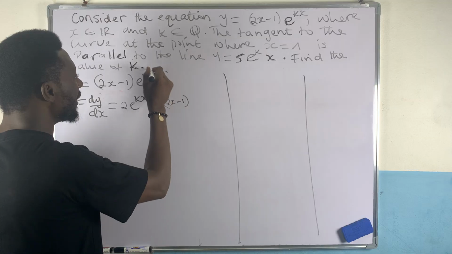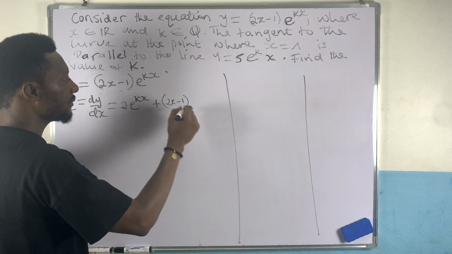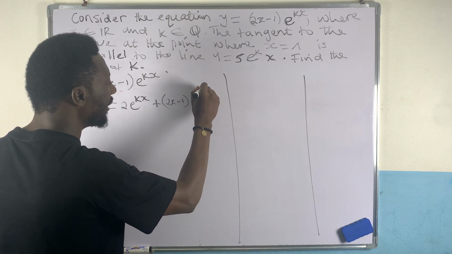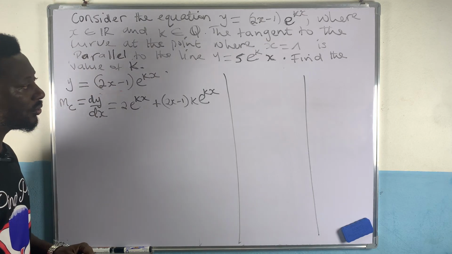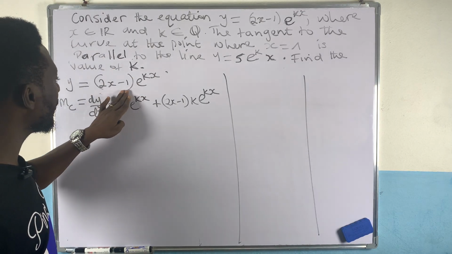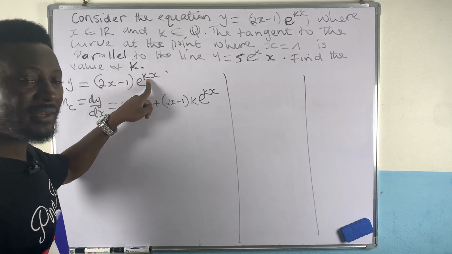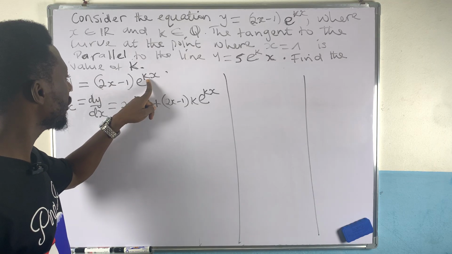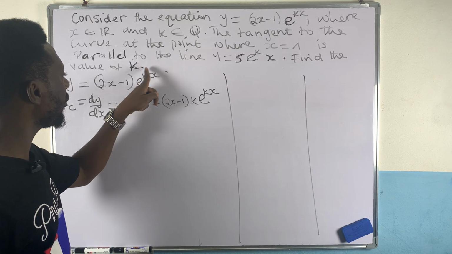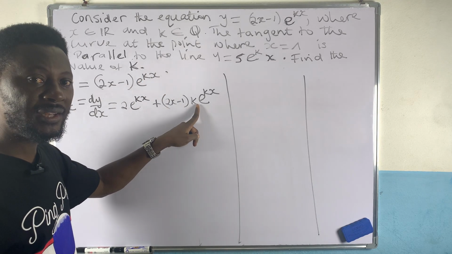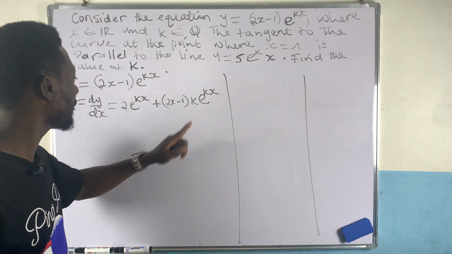So the differential of kx is actually k, and you multiply the k behind the function itself. So each time you see e exponent any expression, just differentiate the exponent on e and multiply it behind the original function.